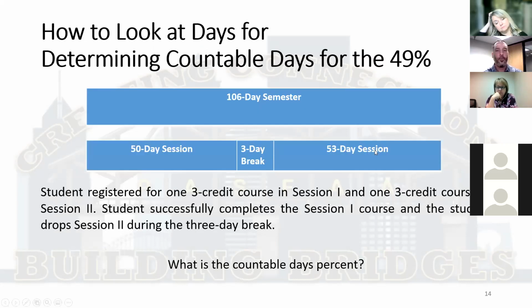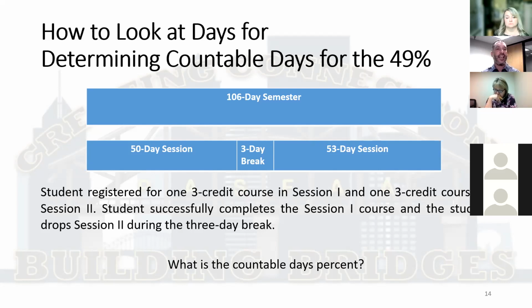Let's get into an example for us. Counting the countable days. We have 106 days in a semester, 50 days in the first session, a 3-day break, and then 53 days in the second. Student is registered for 3 courses in the first session, and 3 courses in the second.